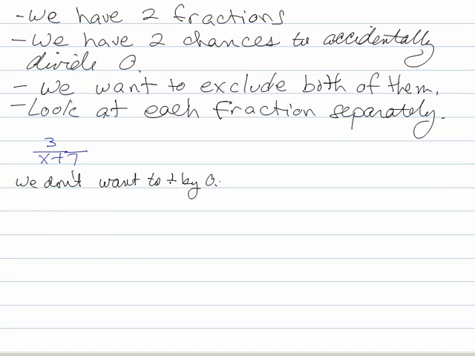There's my little division sign. We don't want to divide by 0. One day I will learn how to do that better. We don't want to divide by 0. So that means we want to exclude the points where the denominator, and we're only focusing on the denominator, is 0. So we want to exclude x equals -7. So we've taken care of that one.